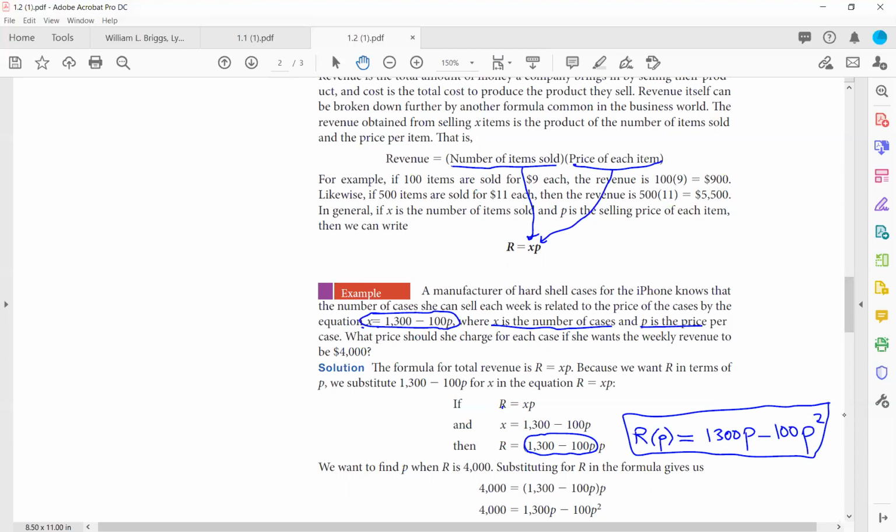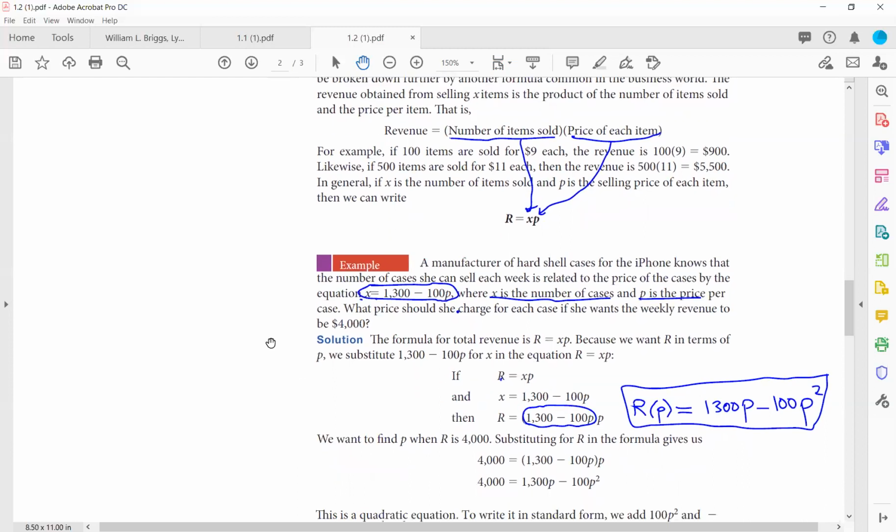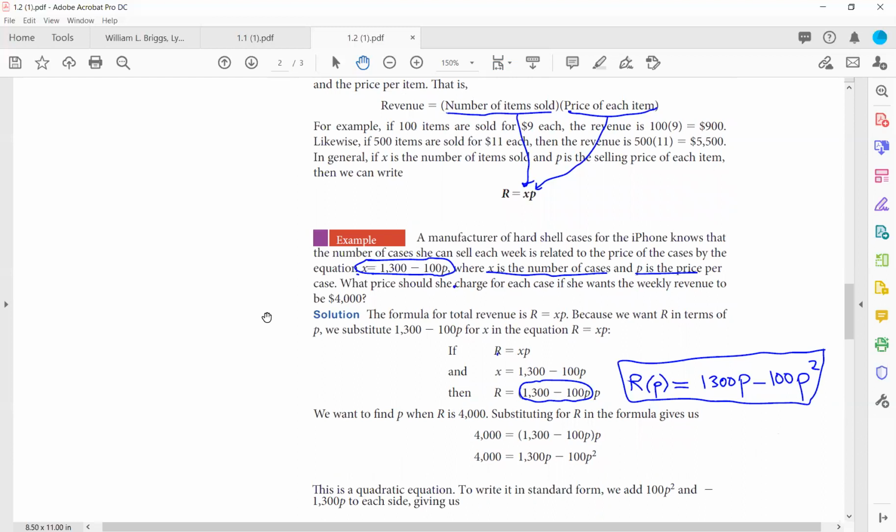So the question says, what would P be so the revenue is $4,000? $4,000 is the revenue. We know that we want the revenue to be 4,000. We want that money. We set it equal to the right-hand side of the equation, which is 1,300P minus 100P squared.